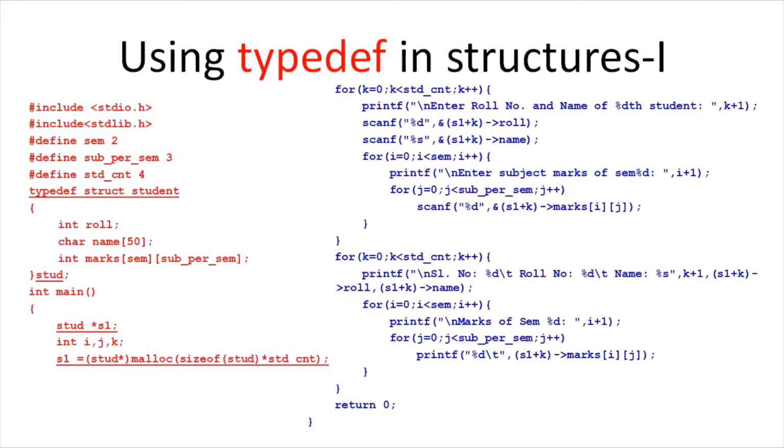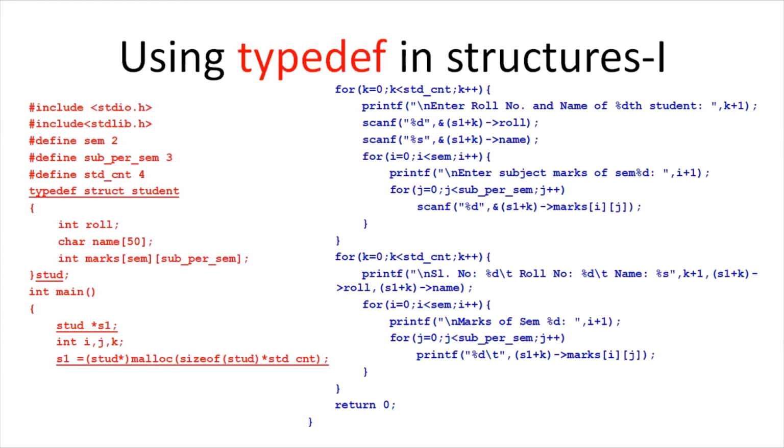In context of structures, we can use the typedef keyword in two ways. In the first method, we can create an alias of the structure that we are defining right when we declare it. For example, instead of writing struct student with int roll, char name and int marks, we can write typedef struct student with int roll, char name, int marks, followed by the new name that we will be giving to this struct student data type, which in this case is stud.